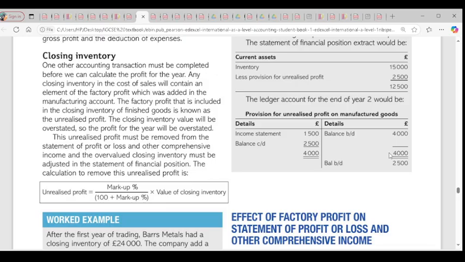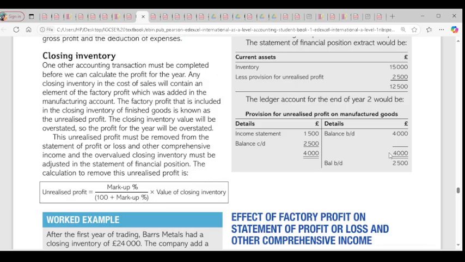So that means you have to take it away in your statement of profit or loss account. Is it clear? So therefore, it is an unrealized profit. It's a profit that we have not gotten, but the factory assumed that it has made the profit. That's why I call it unrealized profit.